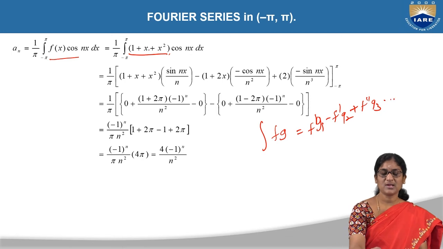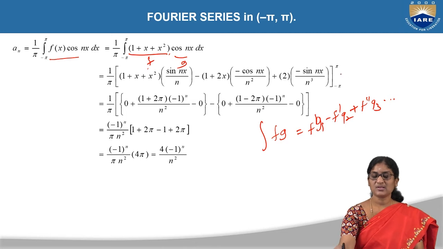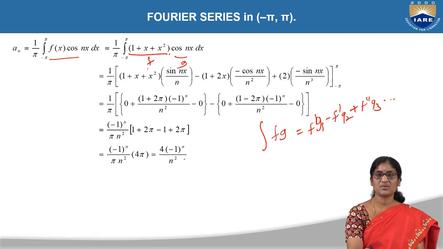Here f is nothing but 1 plus x square, and g is nothing but cos nx. So integrating here and substituting the limits pi to minus pi, we are going to get 4 into minus 1 whole to the power of n by n square. So this is the second Fourier coefficient that I have got.